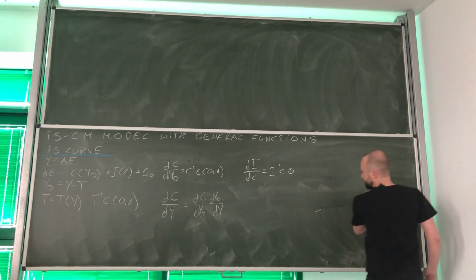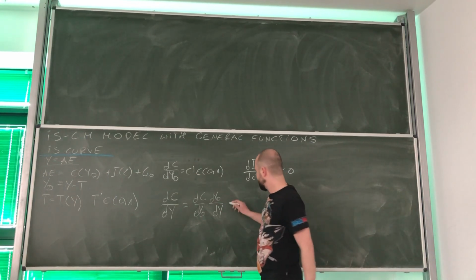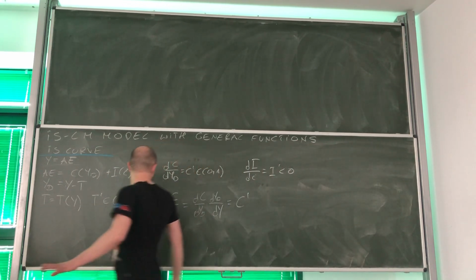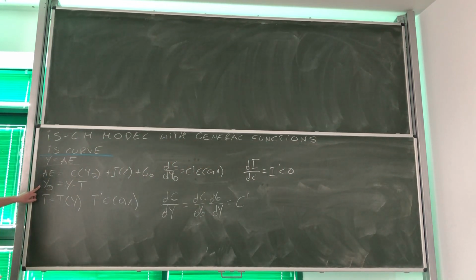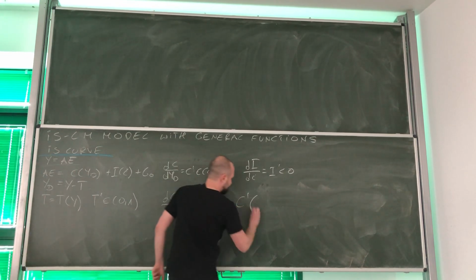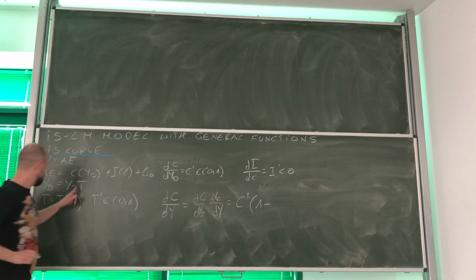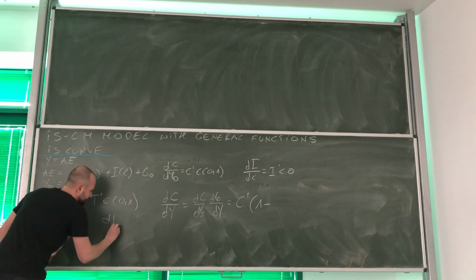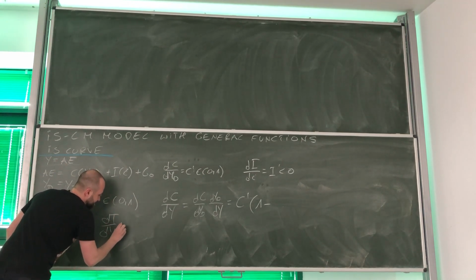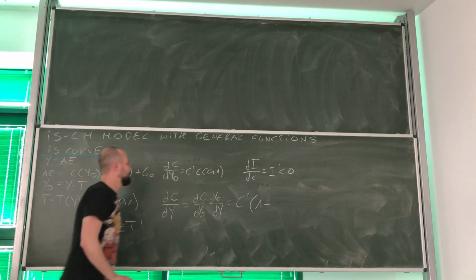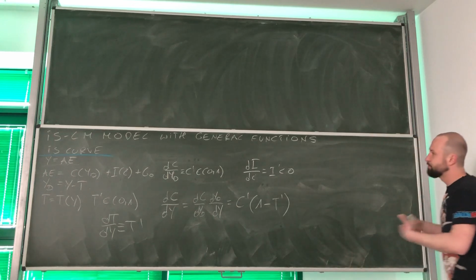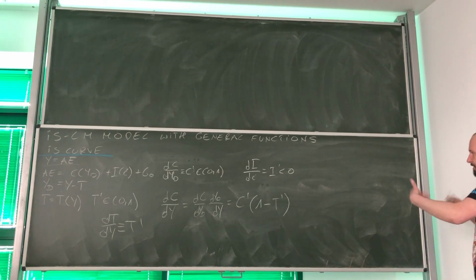First, here we've got the marginal propensity to consume, C prime, and over here, the derivative of disposable income with respect to income. So first we have 1, and minus T prime, right? T prime is of course dT/dY.